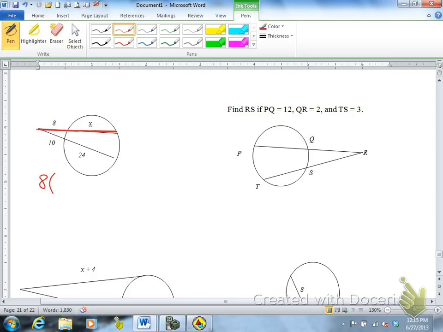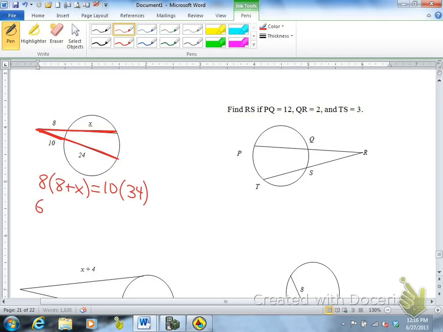This is the confusing part, the part that students often forget: the whole length. So the whole length is 8 plus x. 8 times (8 plus x) equals the outside part, 10, times the whole length, 10 plus 24. Not 10 times 24, 10 plus 24 is 34.